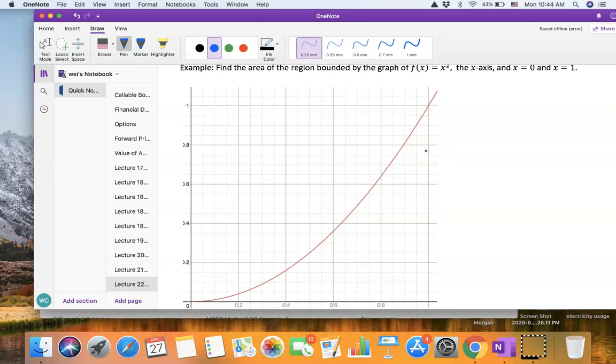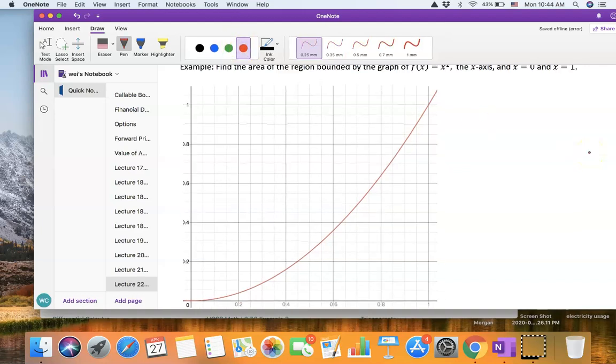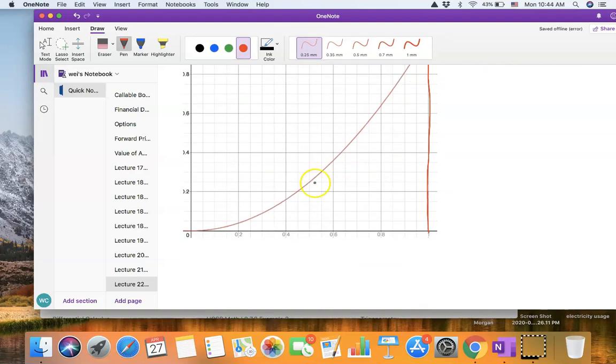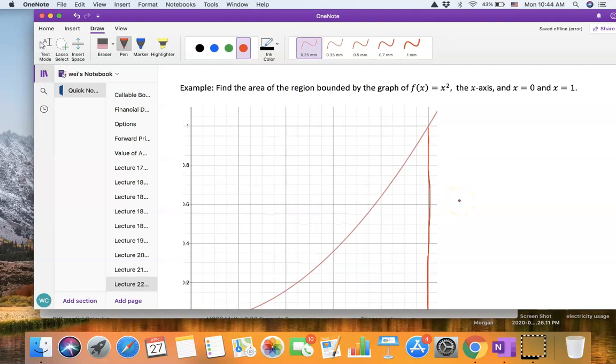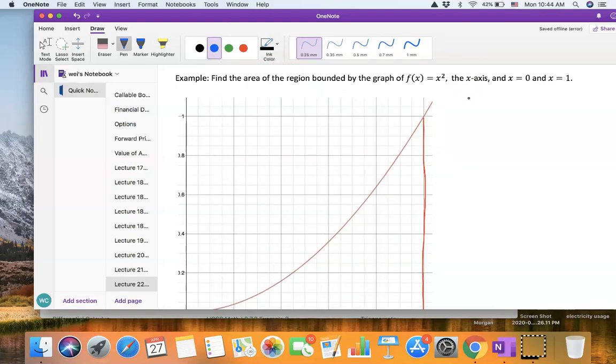Okay, so the area we're looking for is this. All right, so we said first we want to develop a formula of n rectangles. So here we consider using n rectangles.